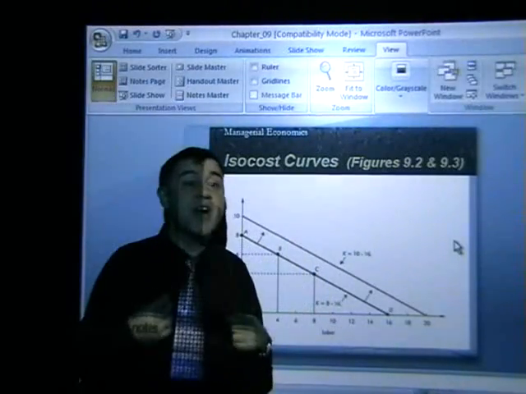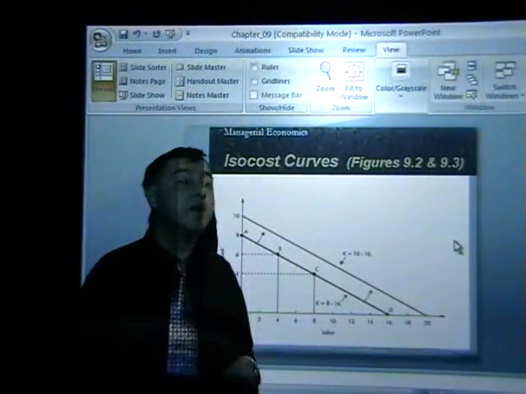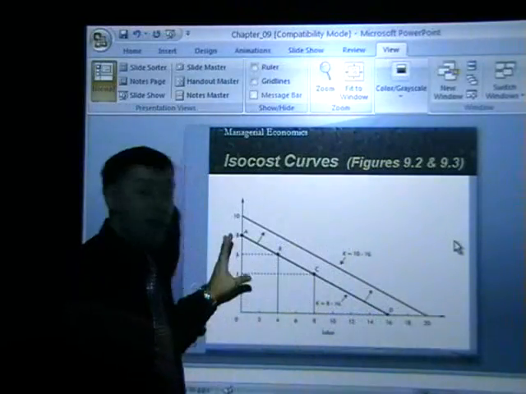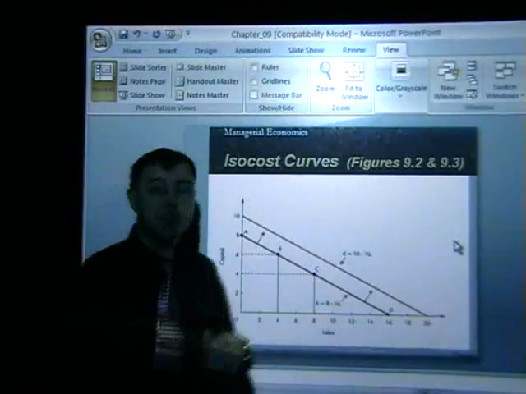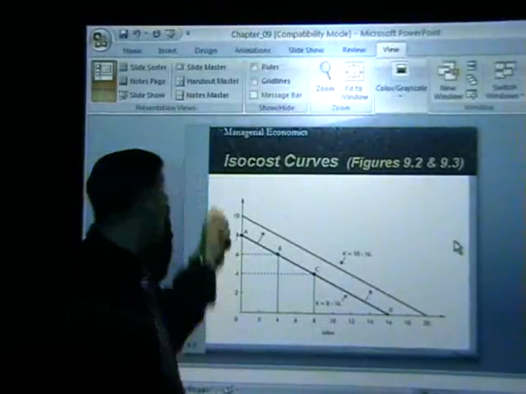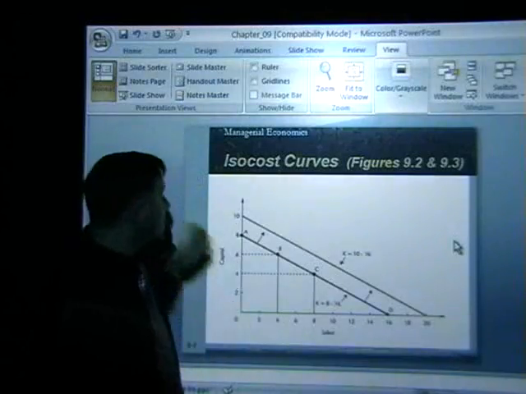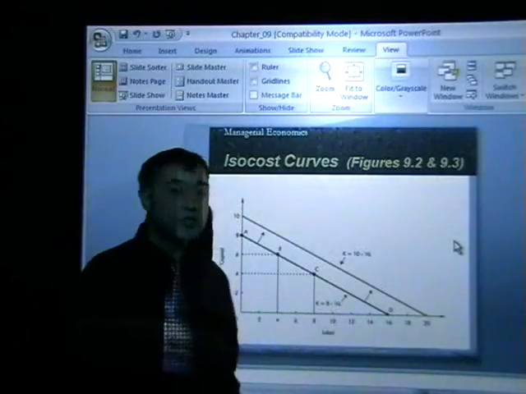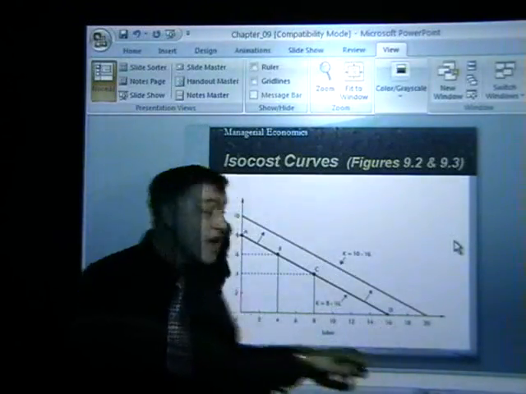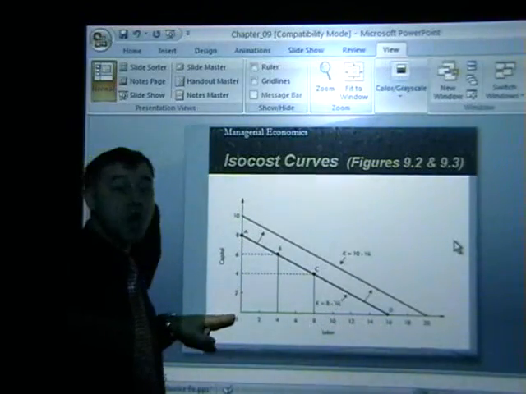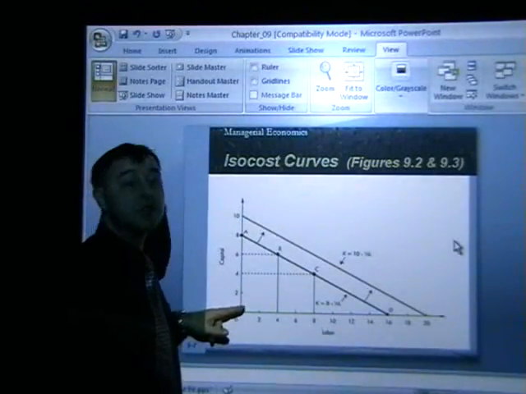So, the consumer had a certain budget to spend on apples and oranges. Well, the manager has a certain amount of money or budget to spend on labor and capital, workers and machines. So, the quantity of workers that the manager can buy when he buys no machines at all.